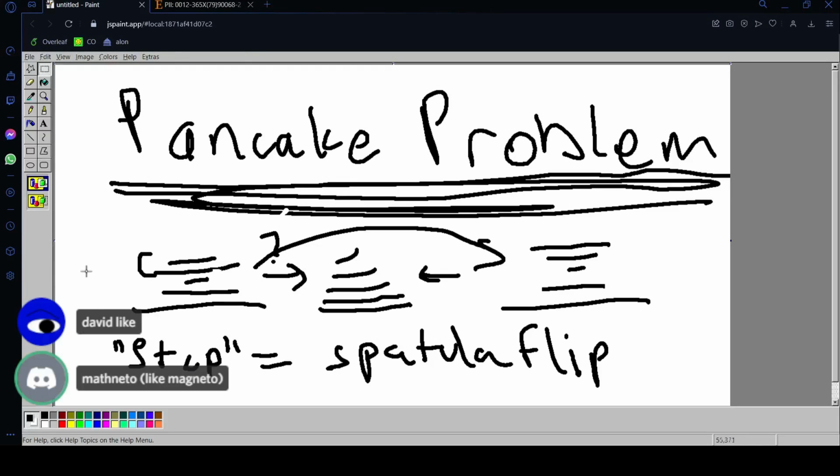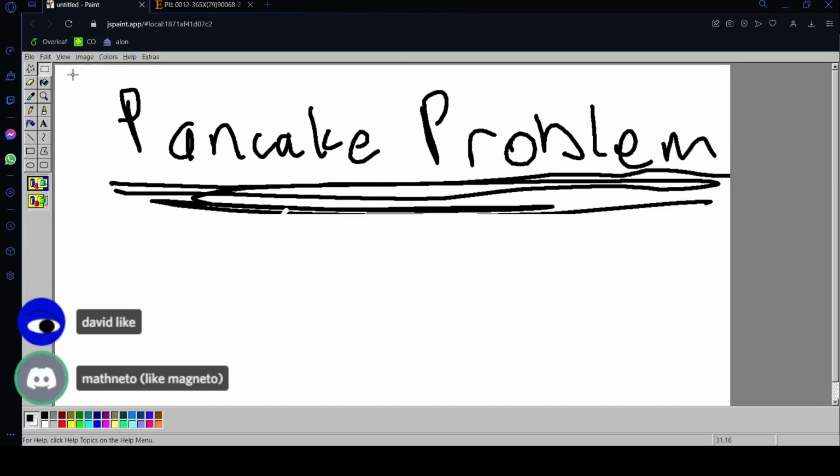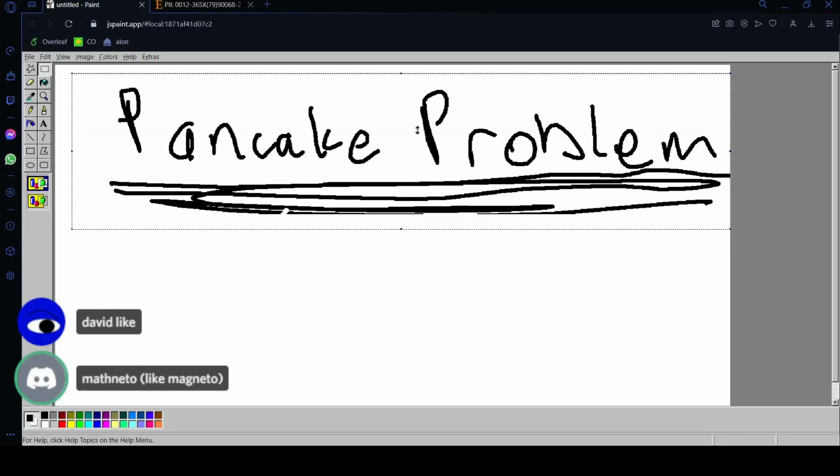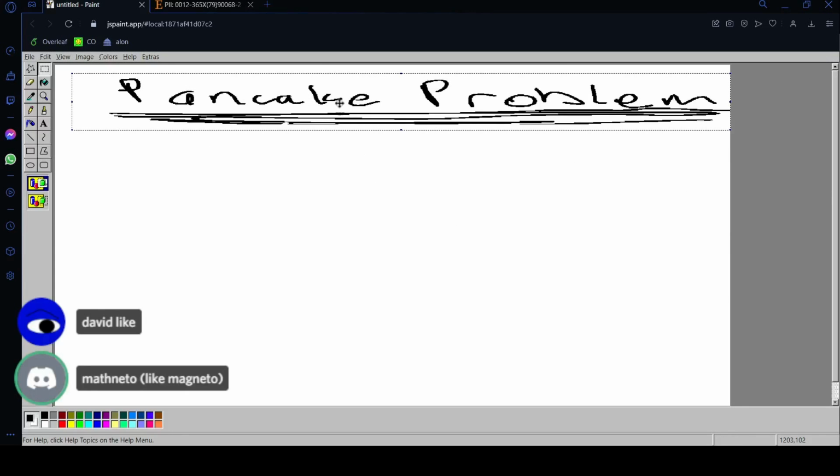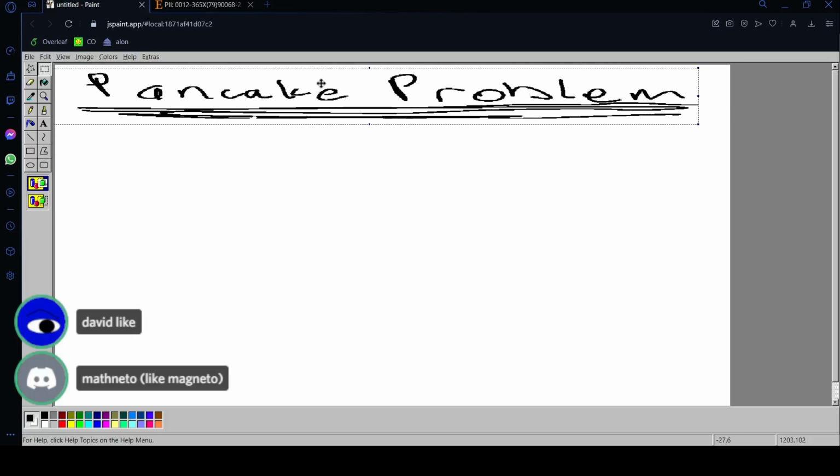Instead, we mathematicians abstract a little bit to find something easier to work with. I'll show you that because maybe it'll be easier to communicate with. Okay, the pancake problem. I'll rewrite the new problem in a second.